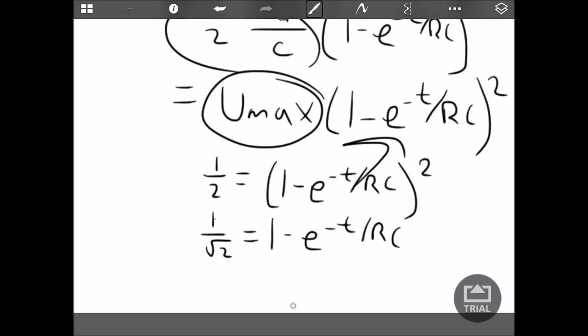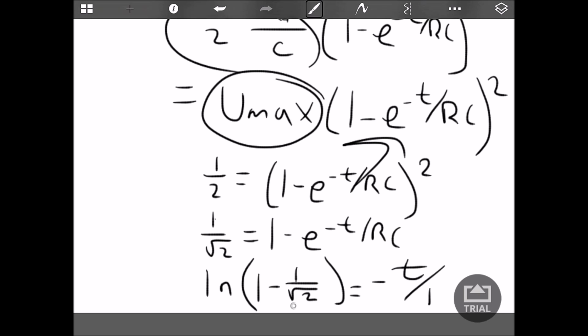And then if we skip some steps, we get ln of 1 minus 1 over root 2 equals negative t over RC.